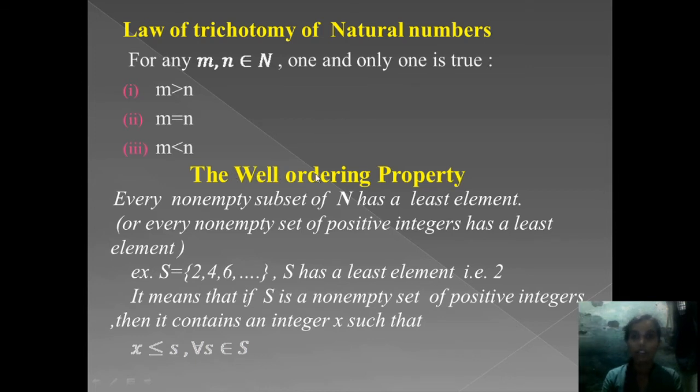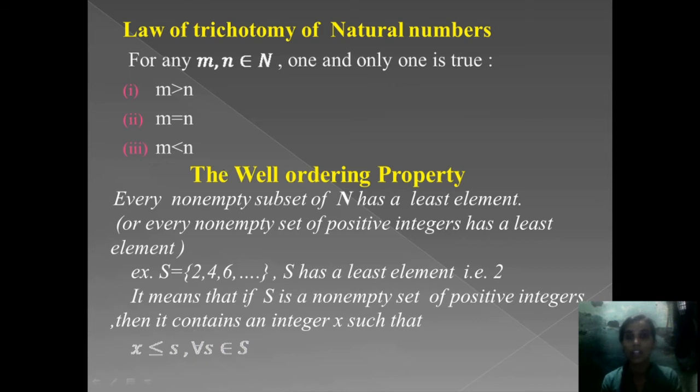We have the well ordering property on the set of natural numbers, that is, every non-empty subset of N has a least element. If we take any non-empty subset of N, it has a least element. For example, S is equal to 2, 4, 6 and so on, it has a smallest element, 2. 2 is smaller than 4, 2 is smaller than 6, that is, 2 is smaller than every number in the set S, and thus S has a least element which is 2.